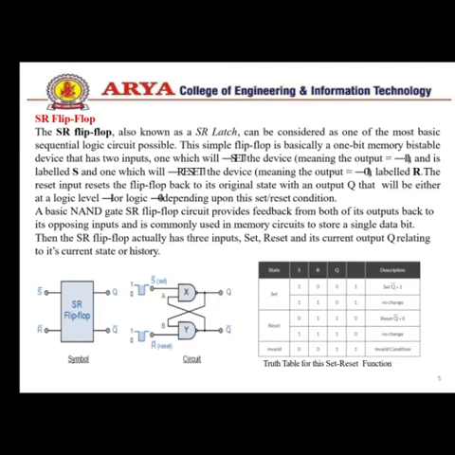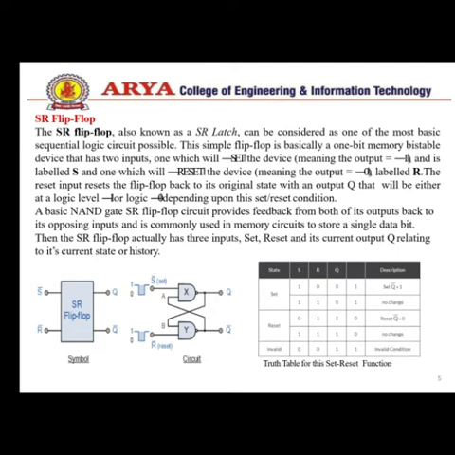The operation of the SR flip flop is similar to the SR latch, but this flip flop affects the output only when the positive transition of the clock signal is applied, instead of an active enable.